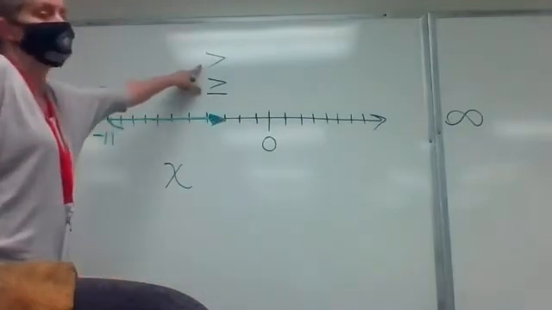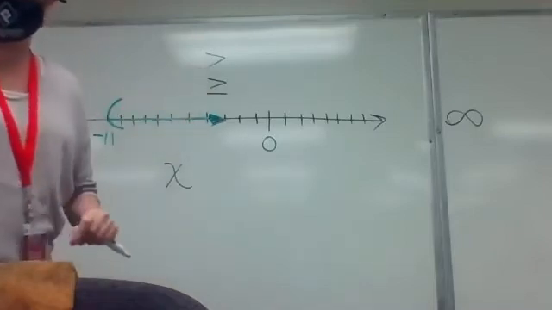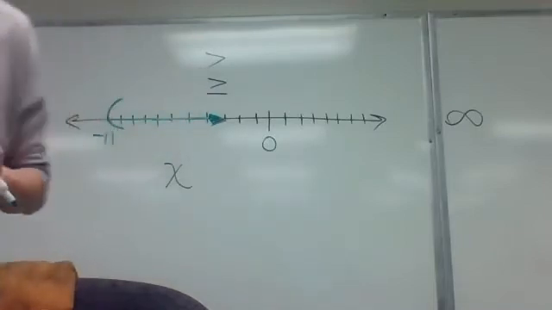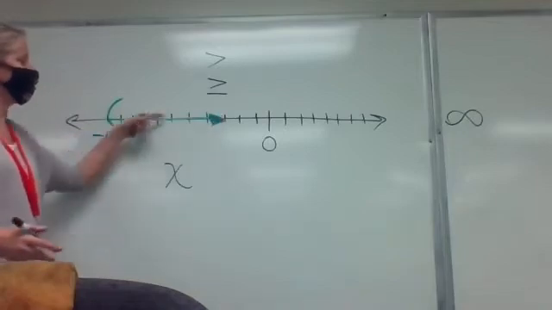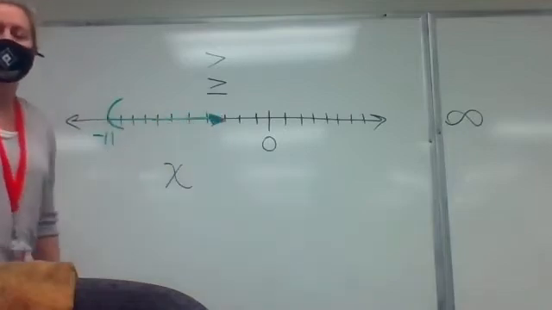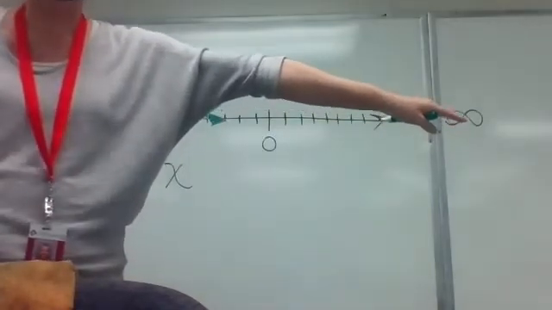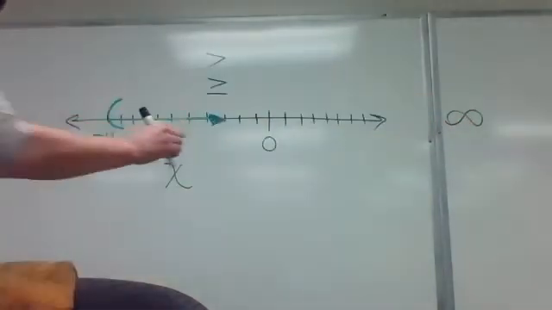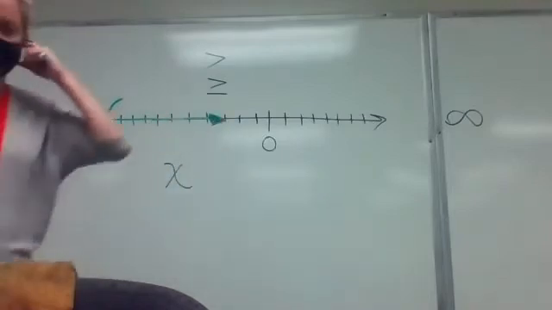It means just the greater than, right? Not greater than or equal to. If it was greater than or equal to, it would have had a bracket around it. So if the arrow is going in this direction from negative 11, what are the numbers doing? Are these numbers that are this way greater than negative 11 or less than negative 11?